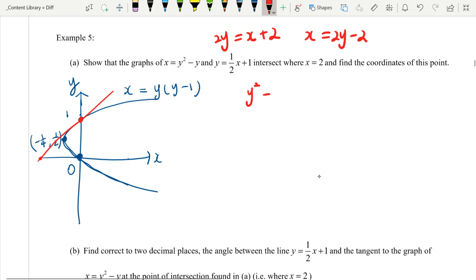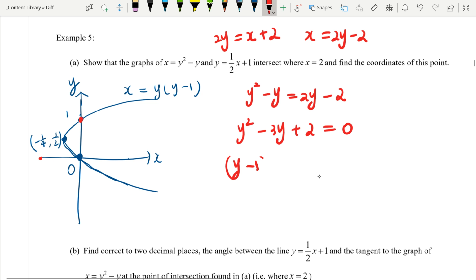So I'll have y squared minus y equals 2y minus 2. y squared minus 3y plus 2 equals 0, (y minus 1)(y minus 2) equals 0.